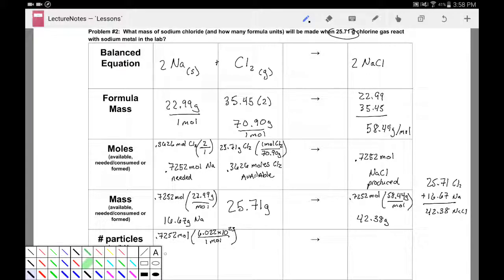When we do that calculation, we find that for this reaction, we have 4.367 times 10 to the 23rd atoms of sodium.